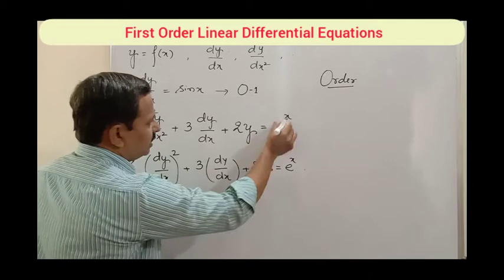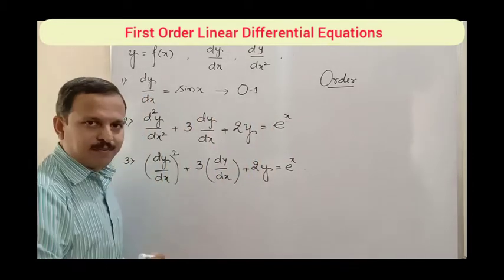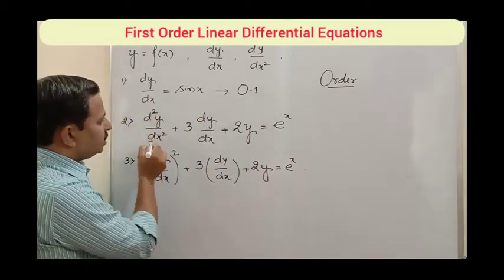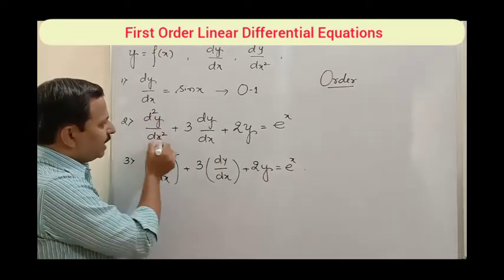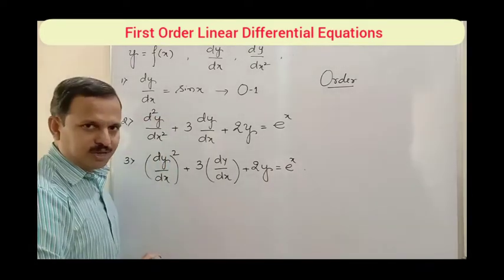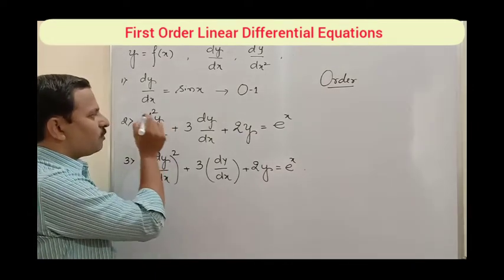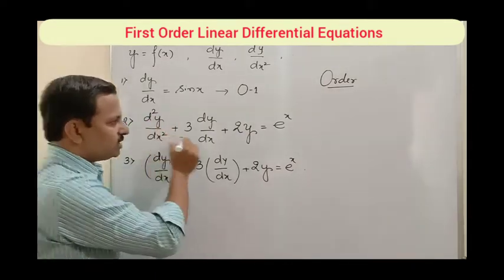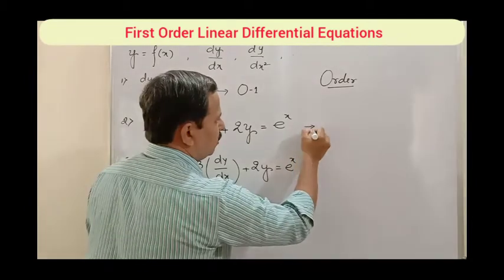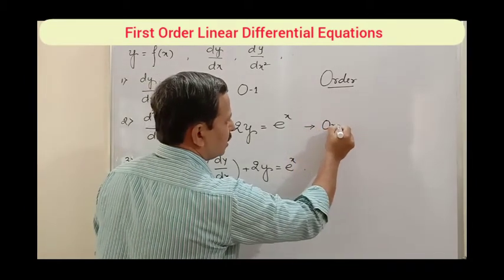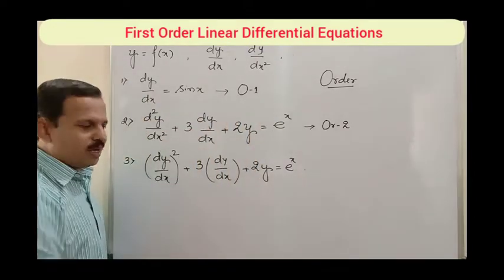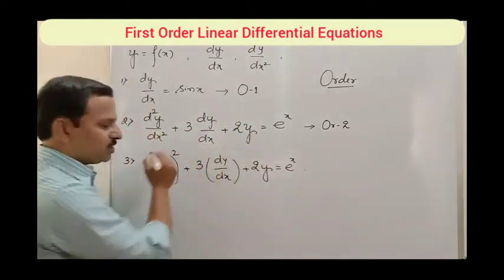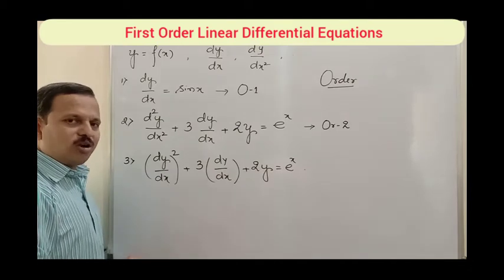In the second example, the highest derivative term is d2y by dx2. It is a second order derivative term. So the highest derivative term is of order 2. Therefore, this differential equation is of order 2. It's a second order differential equation. If we look at the third differential equation, what is the highest order derivative term?